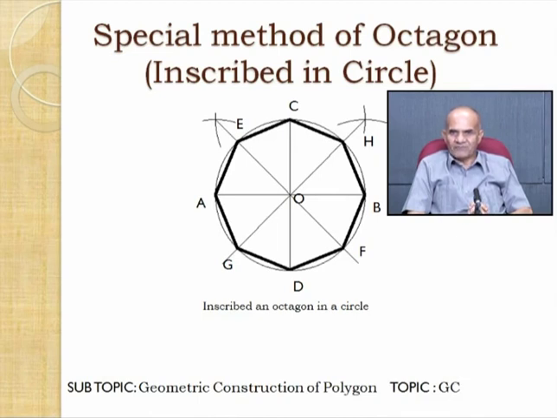In this way, first of all we have found 4 vertices by drawing 2 diameters, horizontal and vertical. Then we have bisected these right angles, so we have got 8 points on the circumference: A, G, D, F, B, H, C and E. You join all these points successively, then we can get the octagon which is inscribed in this circle.